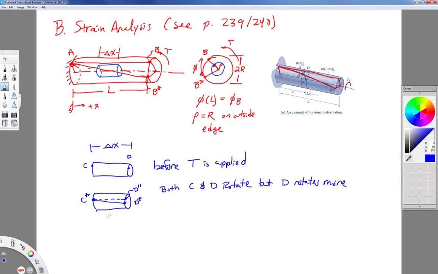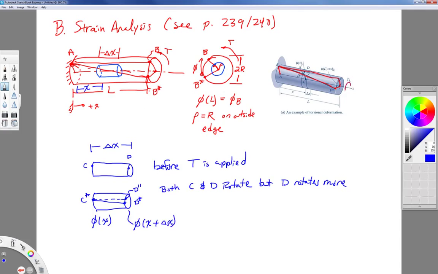The angle of twist at this position is going to be phi of x, okay, because it's the distance from the fixed end to the left side. And we go over a little bit further to get to x plus delta x. So the angle of twist over on this end is phi of x plus delta x.